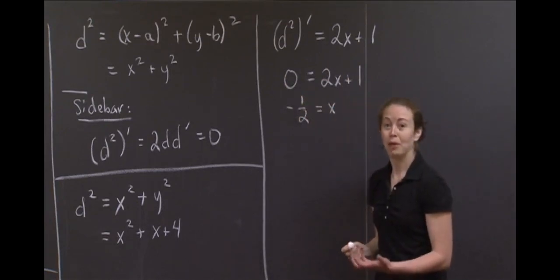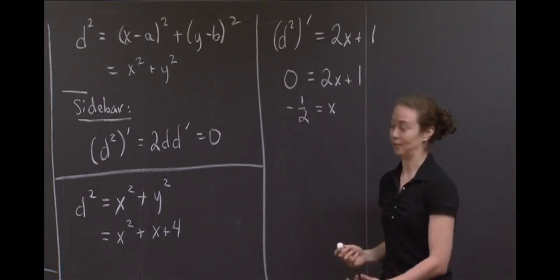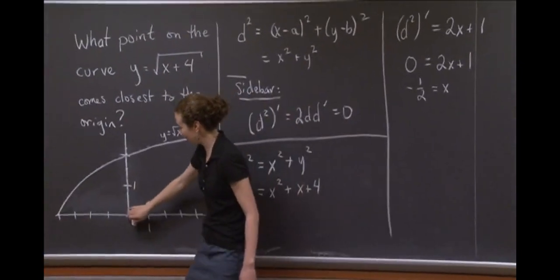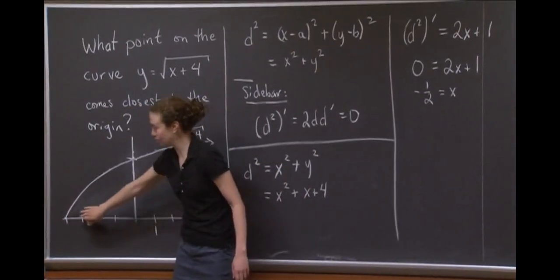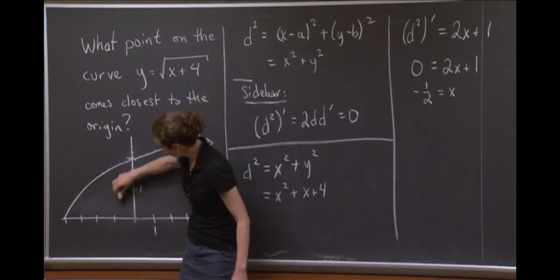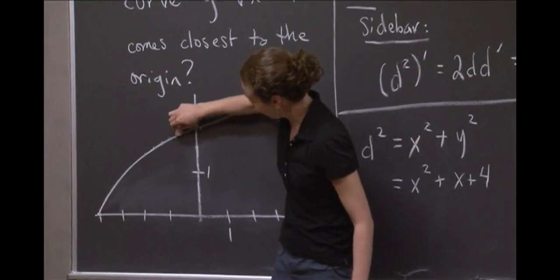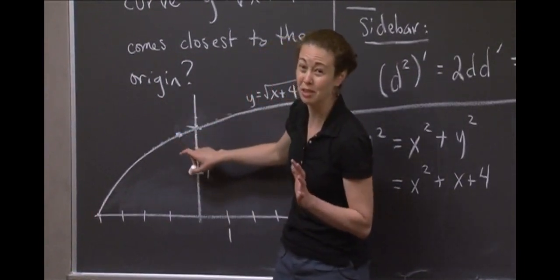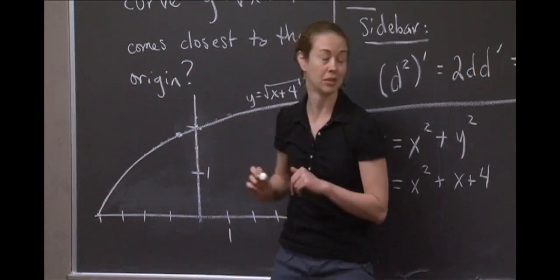Does this pass, as we would say, the smell test? Does it smell okay to us? The answer will be yes, because remember we said somewhere in this x region is where we expect that we will have a point closest to the origin. And so we're right here on the x value. Now we have to find what the y value is to finish the problem. But this is not so far very surprising. It seems like maybe the right thing.